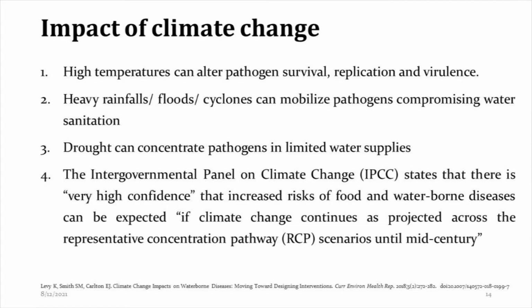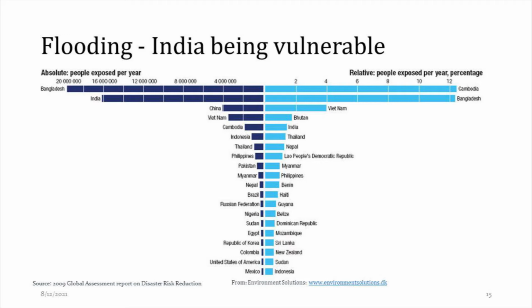Drought can concentrate pathogens in limited water supplies. The Intergovernmental Panel on Climate Change, that is the IPCC, states that there is very high confidence that increased risk of food and waterborne diseases can be expected if climate change continues as projected across the representative concentration pathway scenarios until mid-century. This figure represents how India is vulnerable to flooding.